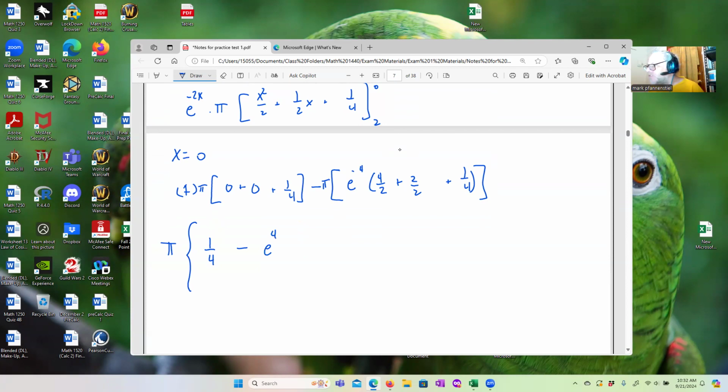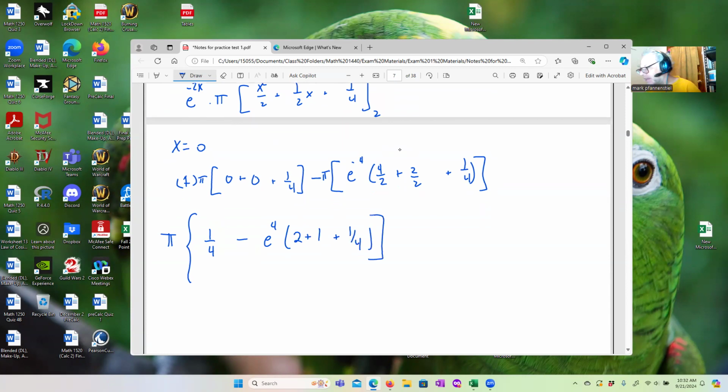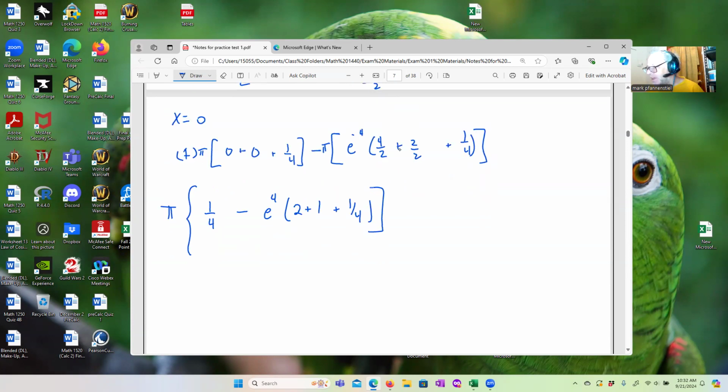Now I've got 2 plus 1 plus 1/4. I think we can go ahead and handle that arithmetic here. So we have pi times 1/4 minus e to the 4th. Actually, it should be e to the negative 4, shouldn't it? Yeah, it should be e to the negative 4.